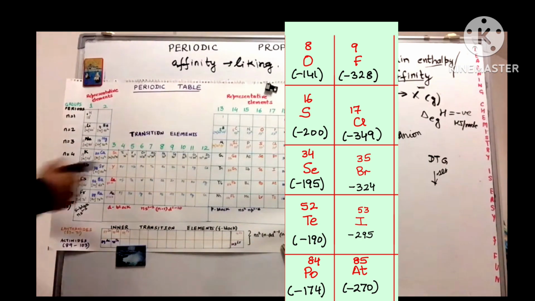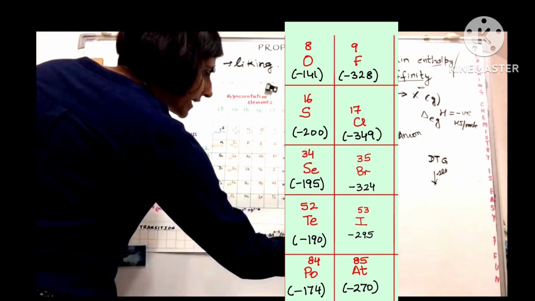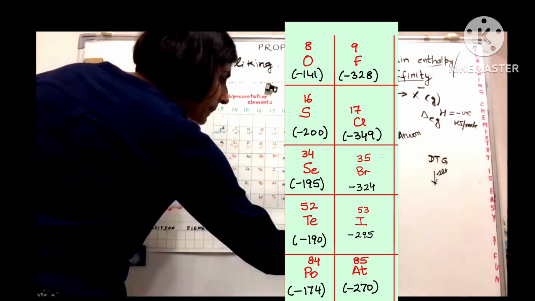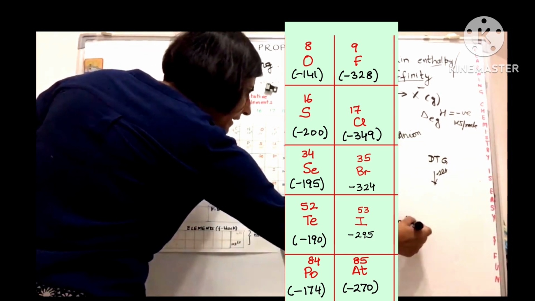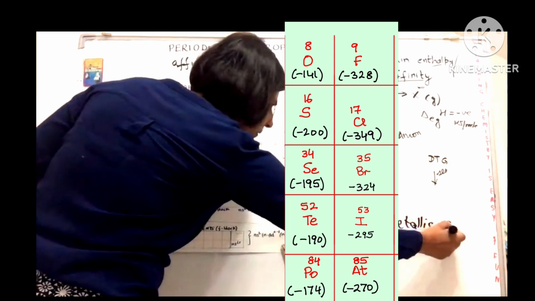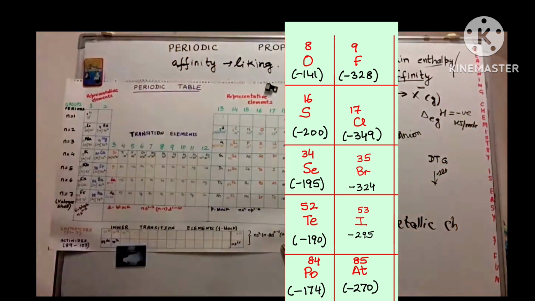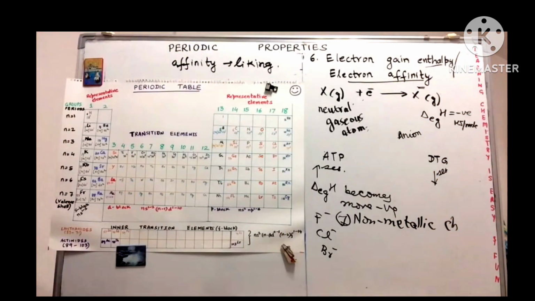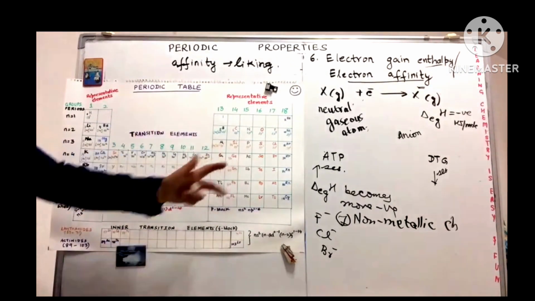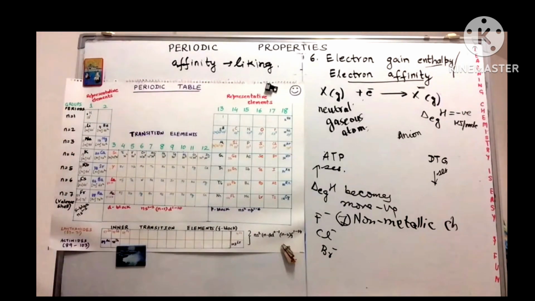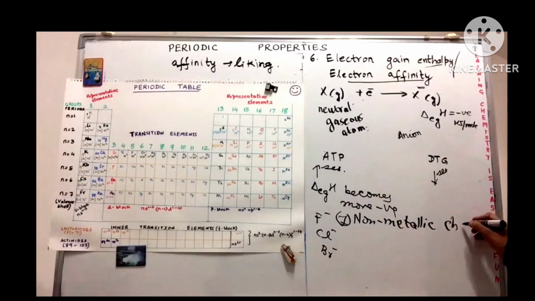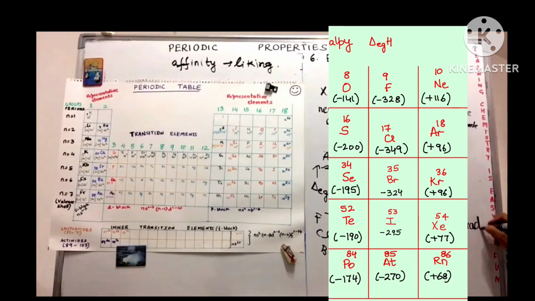And that is what we are going to talk about next, what we call the non-metallic character. Non-metallic character is again based on electron gain enthalpy: how easy it is for an element to gain electrons in order to form the anion, the negatively charged ion.